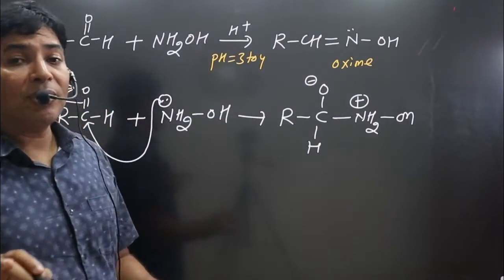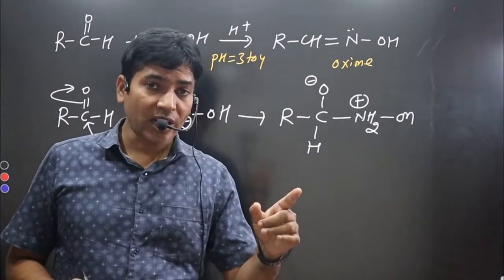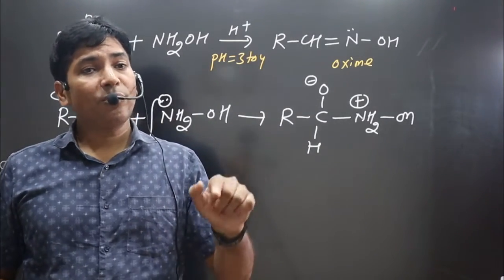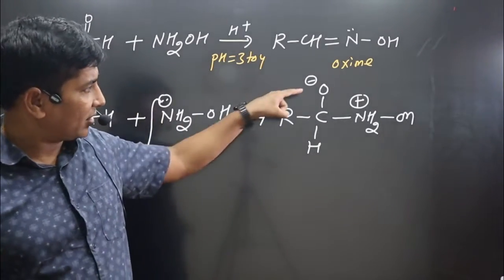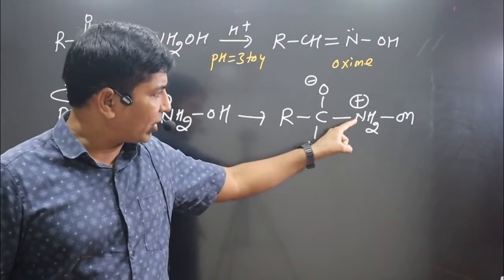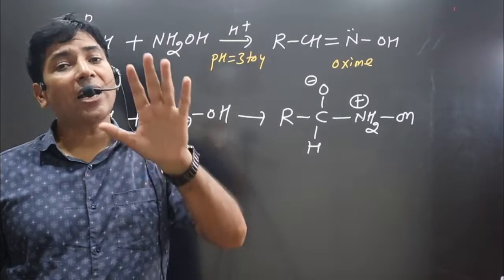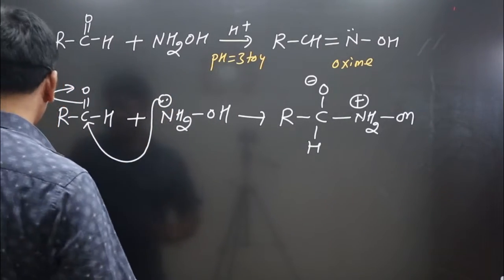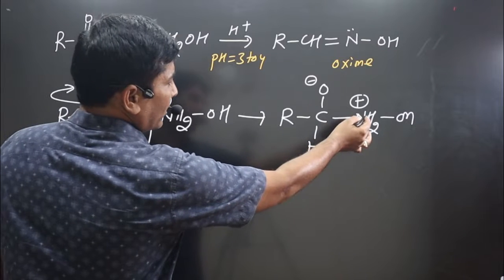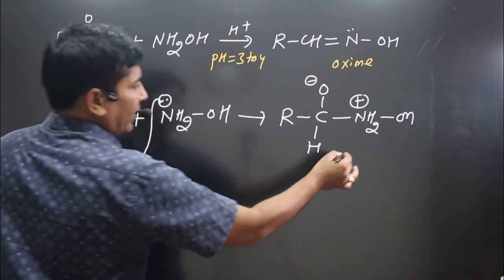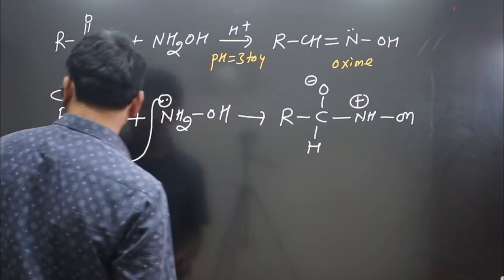Always keep in mind, non-metal carrying negative charge will be in a stable state, but if it is carrying positive charge, it will be in a highly unstable state. Now you can see oxygen is carrying negative charge, somewhat in a stable state, but nitrogen carrying positive charge is highly unstable. This is the reason it starts pulling electron density from hydrogen, so that it can remove its positive charge.